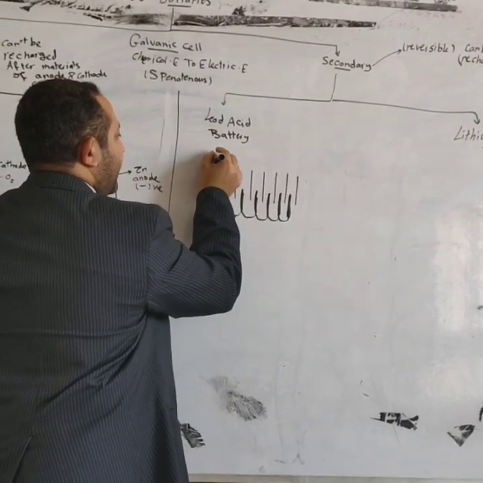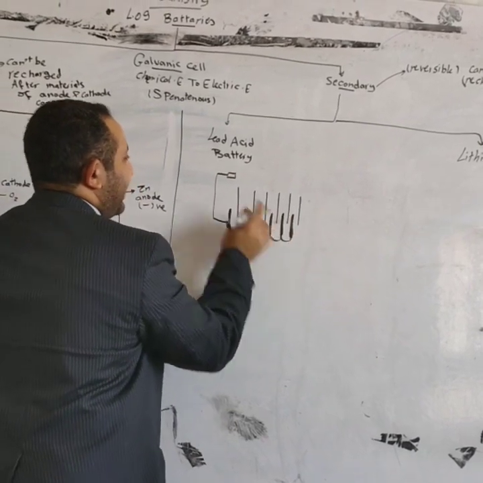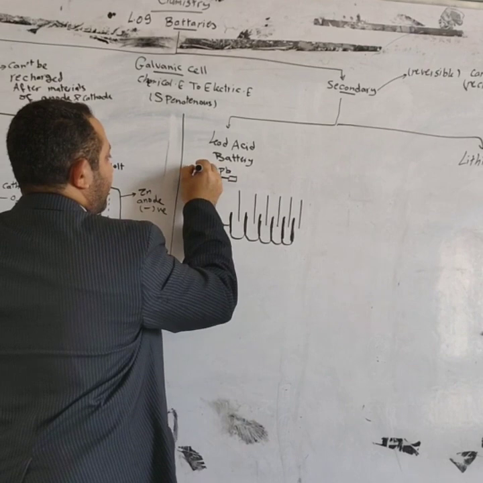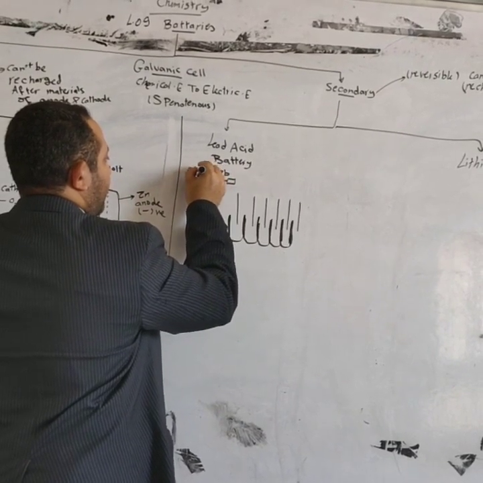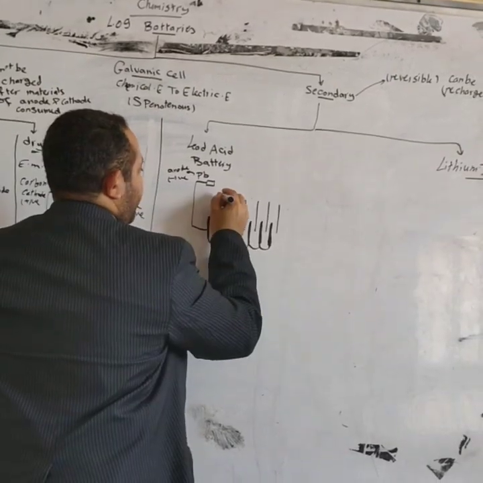Collect it, it represents the anodic material. It is the poles of lead. Anode, negative. Cathode.